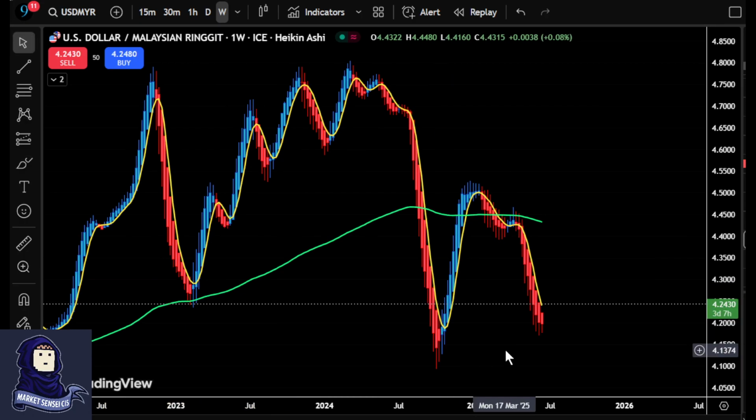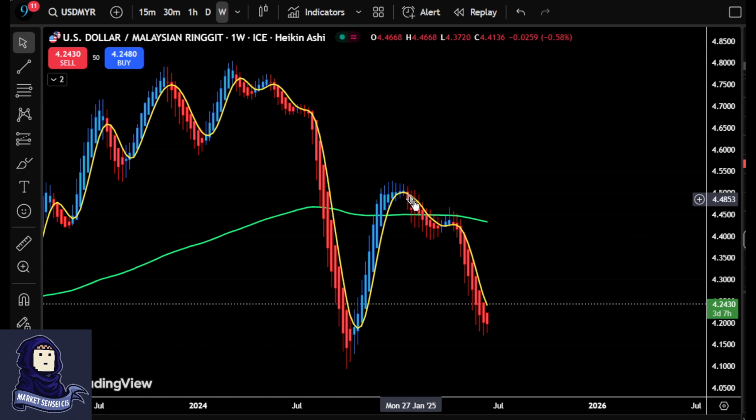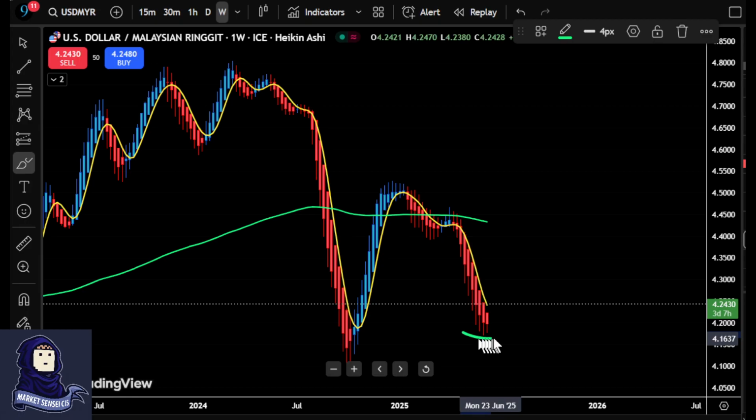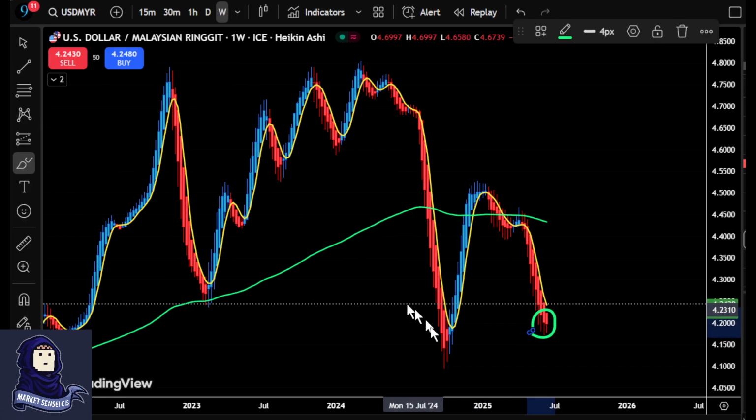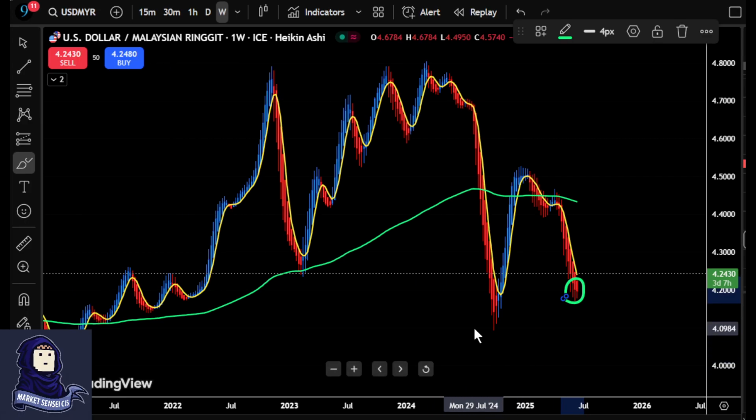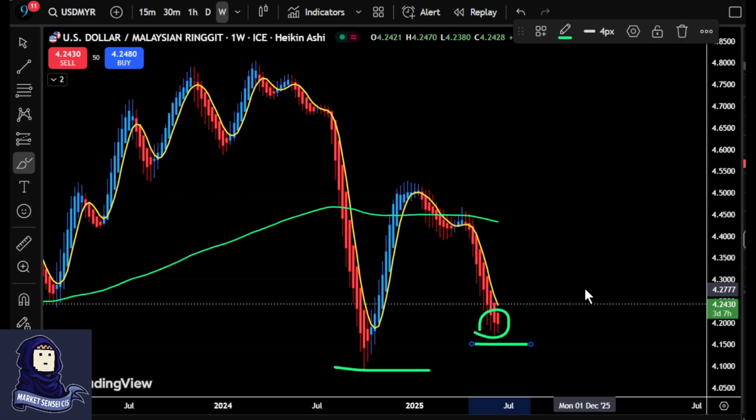So it's very strong. It has gone down quite a lot from early this year all the way to here, about 6 months. So you can see that the momentum appears to be slowing down. This is a low and this is a higher low. So what does it tell us? That the momentum is coming back.